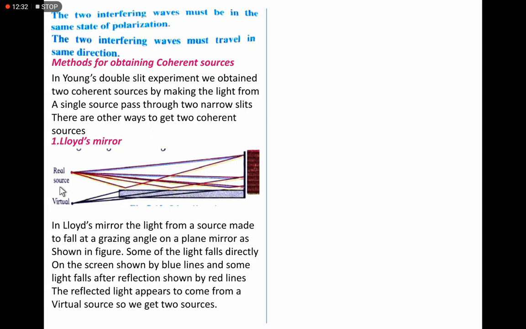In Lloyd's mirror, a source is there, and at a particular angle the light rays fall on the mirror and are reflected back. The reflected light waves are shown in red, and they give us a virtual image of the real source. The light waves from the real source and the virtual source interfere and give us the interference pattern shown over here. So the waves from the source at a particular angle, when falling on the mirror, give a virtual image of the real source, and the waves from the real and virtual sources interfere to give the interference pattern.